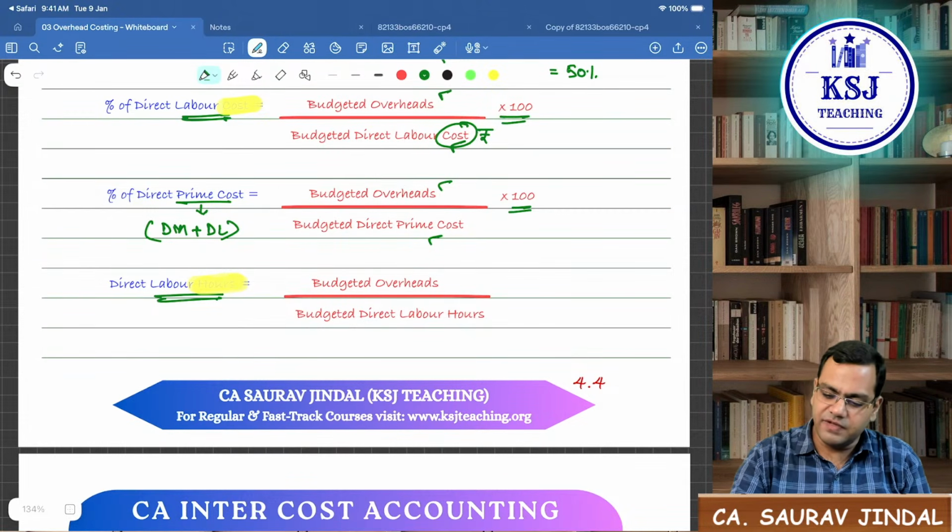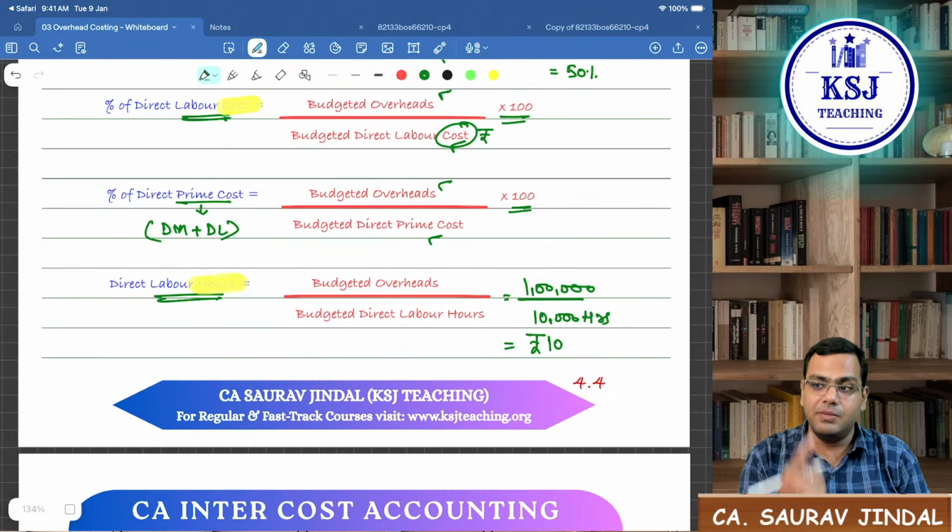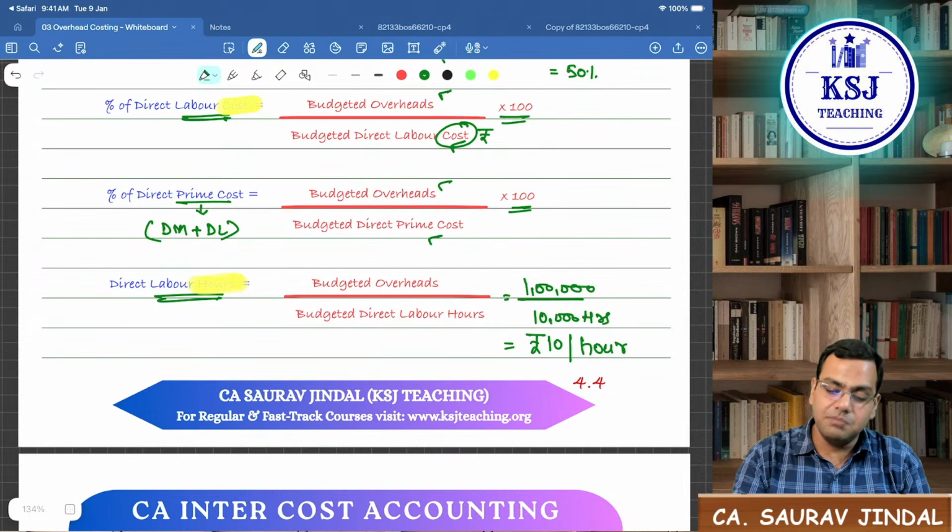So these kinds of expenses we can take. So 1 lakh of overheads are incurred if my labor is working for 10,000 hours, right? That means for every 1 hour that the worker is working, I have to incur overheads of 10 rupees per hour. Now please be very careful, it is not in percentage.